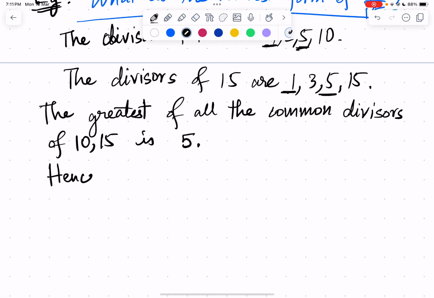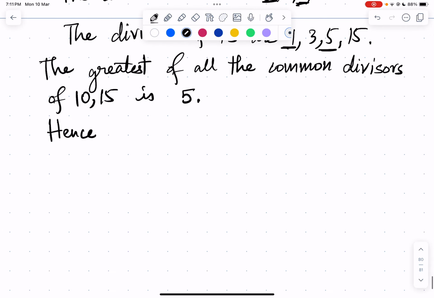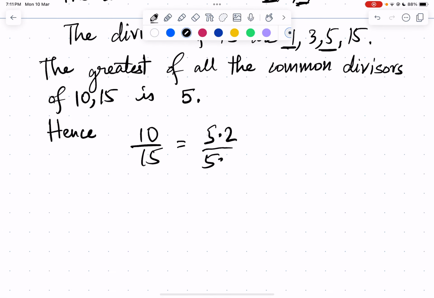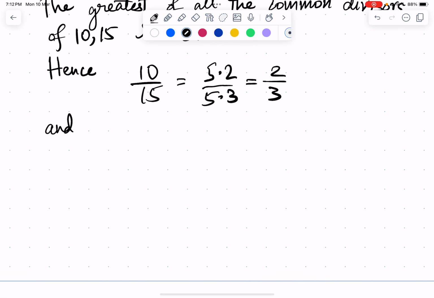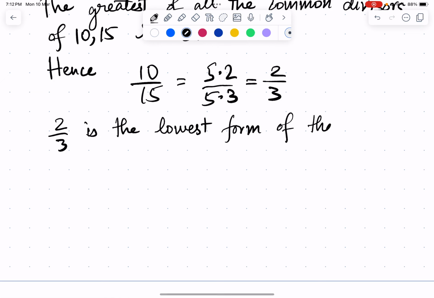Hence 10 by 15 equals 5 times 2 by 5 times 3 equals 2 by 3, and 2 by 3 is the lowest form of the rational 10 by 15, or we'll just write lowest form of 10 by 15.